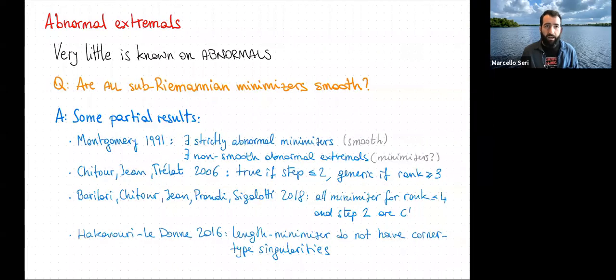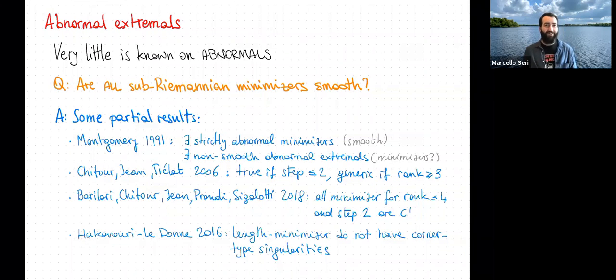And so the other question is, are all the sub-Riemannian minimizers smooth? We know that all the normal minimizers are smooth. We know that all the abnormal minimizers that we have found until now and that are smooth are minimizers. So they're not just extremal, but minimizers. We know some non-smooth abnormals, but for a few of them you can prove that they are not minimizers.